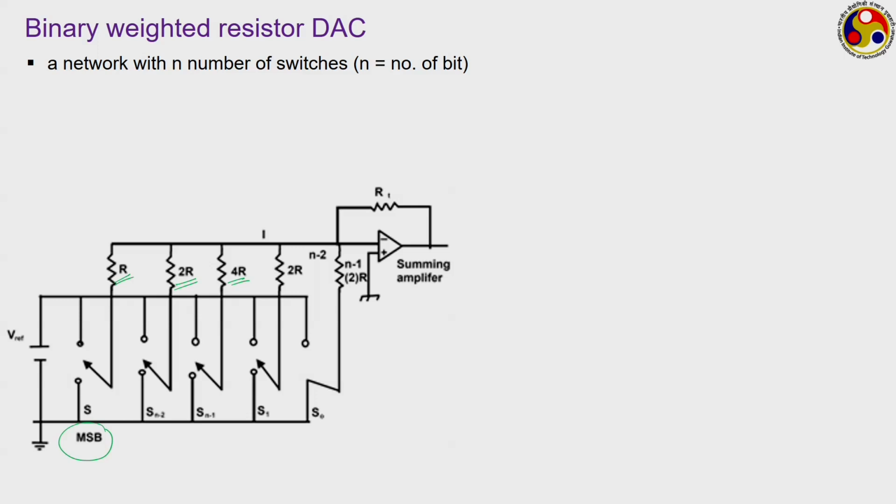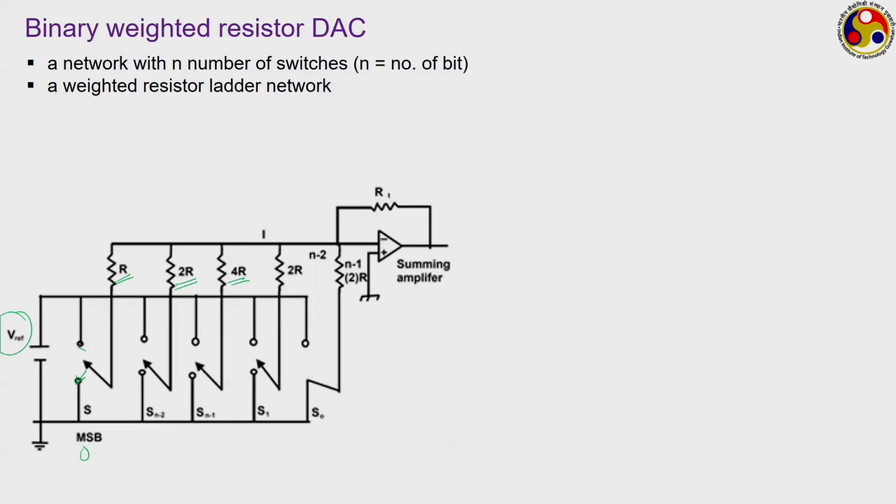For the most significant bit, when it is equal to 1, this switch is closed, or connects this particular portion, so it is in contact with the voltage source. However, when the most significant bit goes to 0, the switch contacts this grounded portion, so no current flows through this.